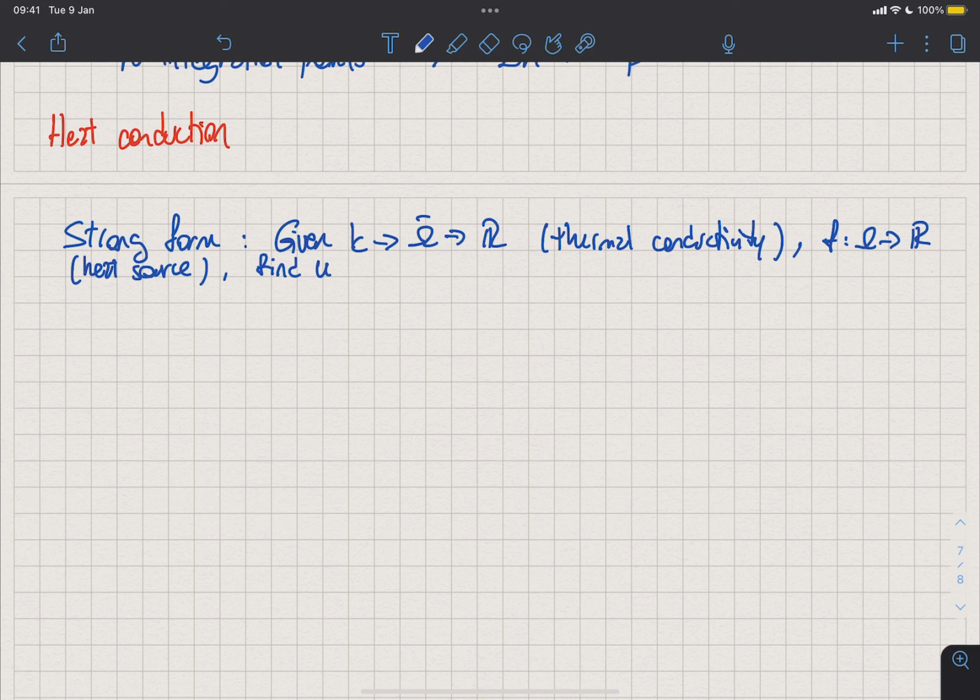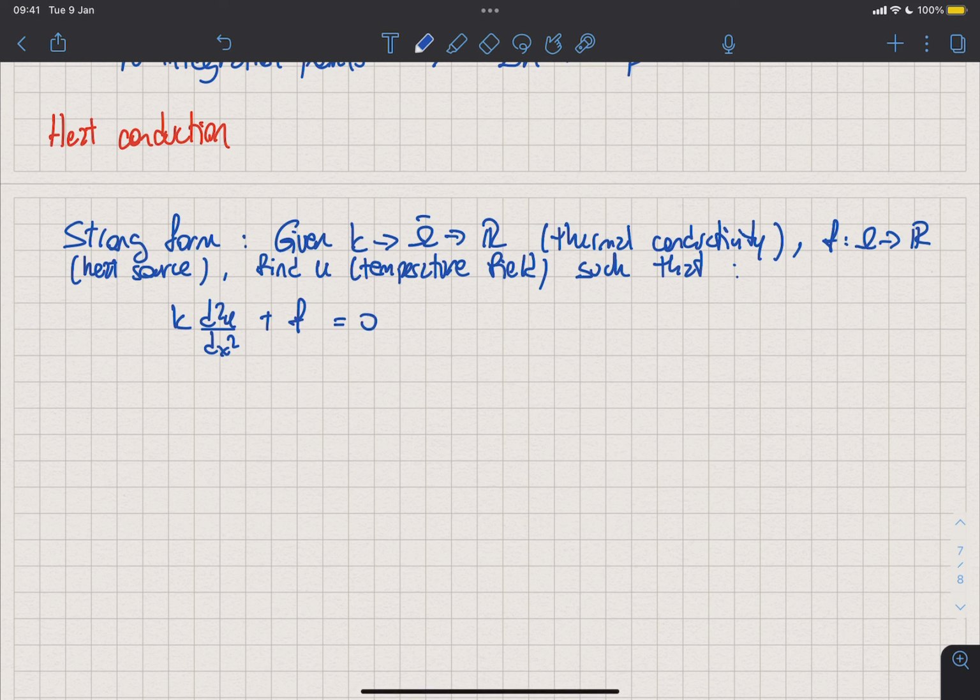We're going to find U, or temperature field, such that, and this is of course in omega, or we can say also for all x in omega.